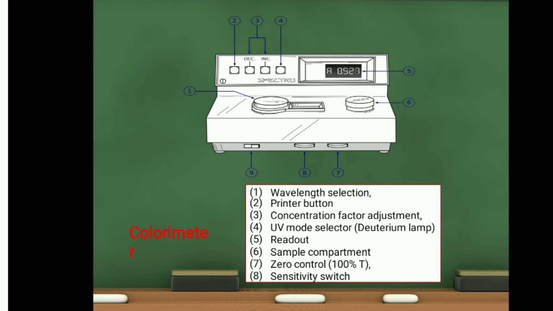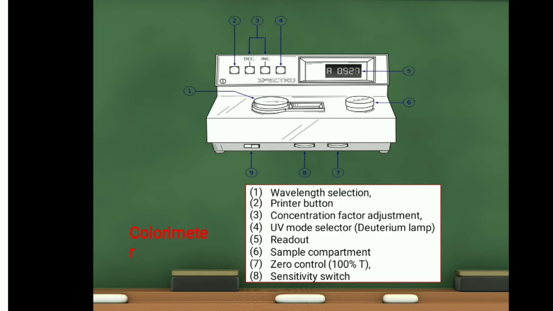So this is a colorimeter. One, wavelength selection. Second, printer button. Third, concentration factor adjustment.